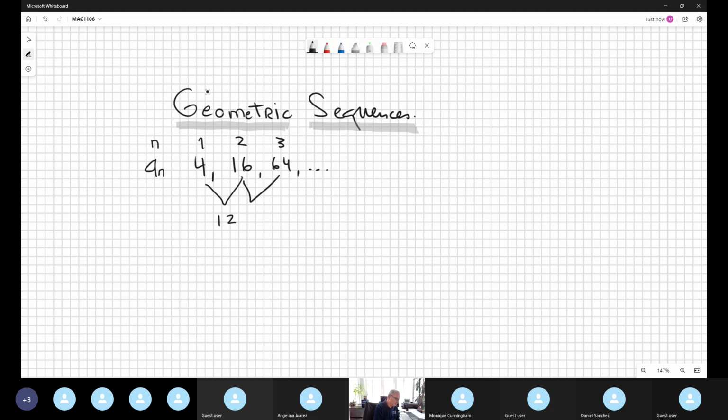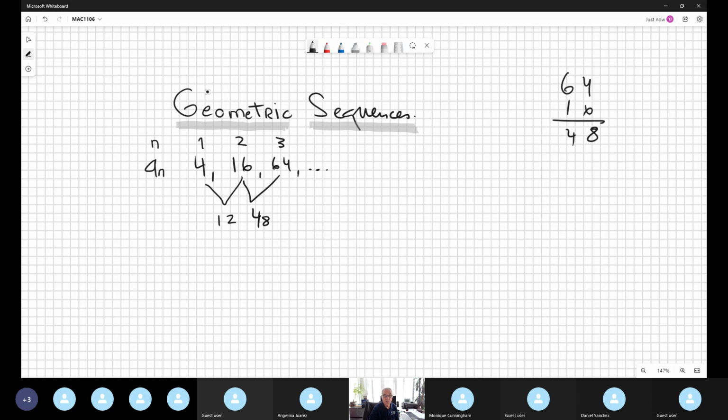Let's do it by hand. 64 minus 16 is 48. It's so big, and no. It's not an arithmetic sequence because we have no common difference.